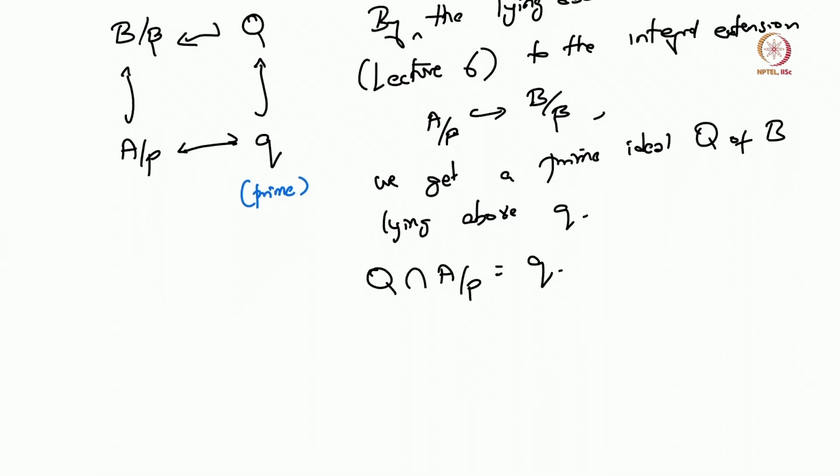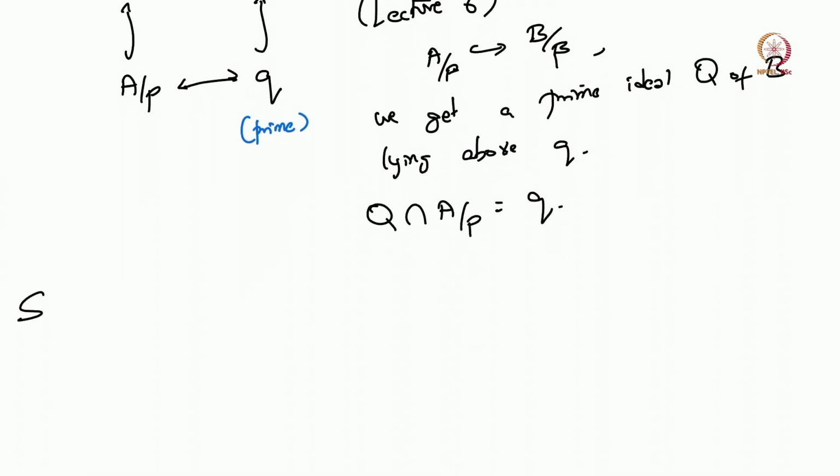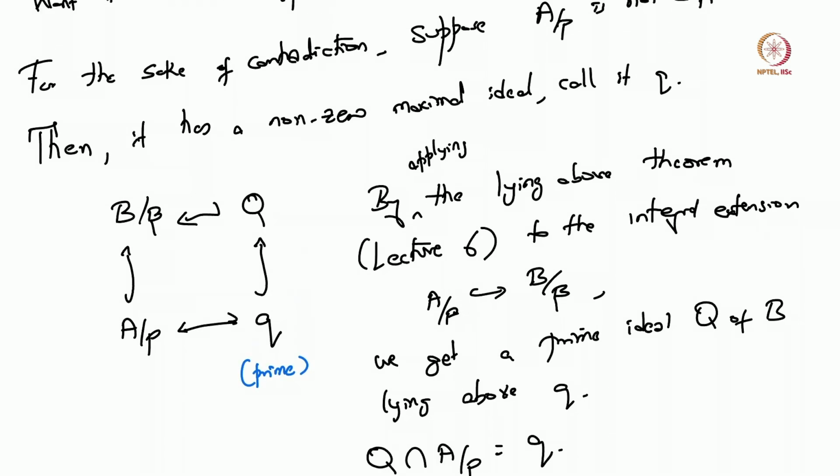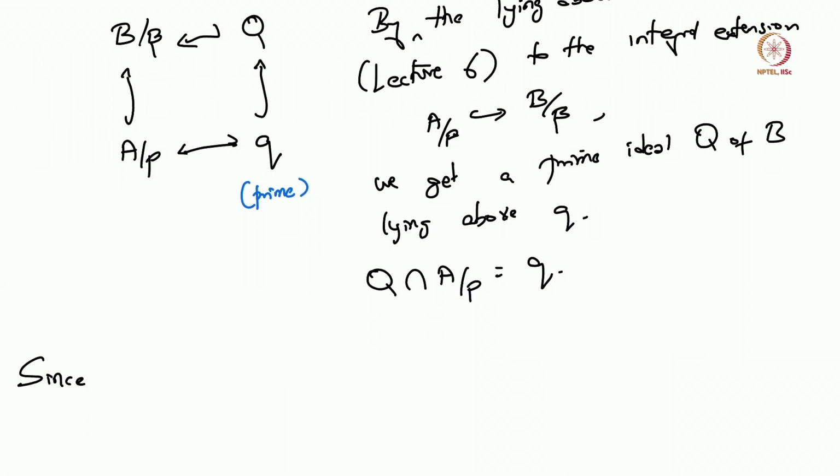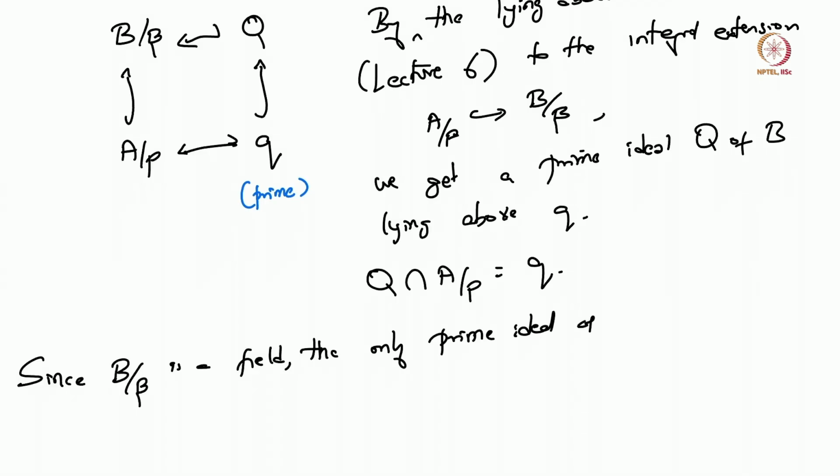Okay, but by hypothesis, B over beta is a field. So since B over beta is a field, the only prime ideal of a field is the zero ideal.